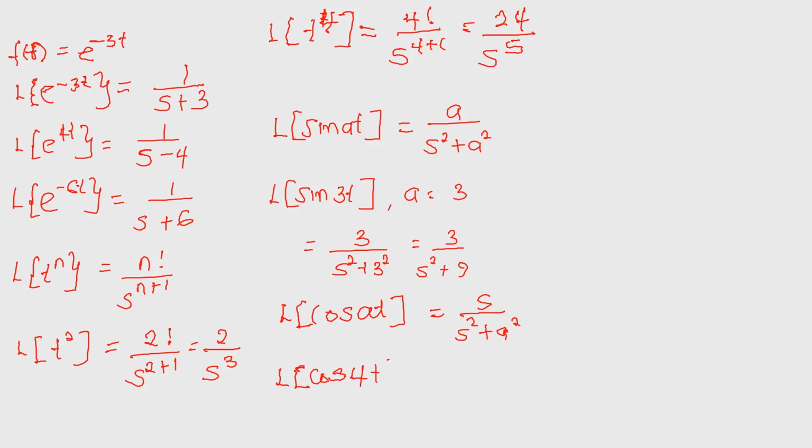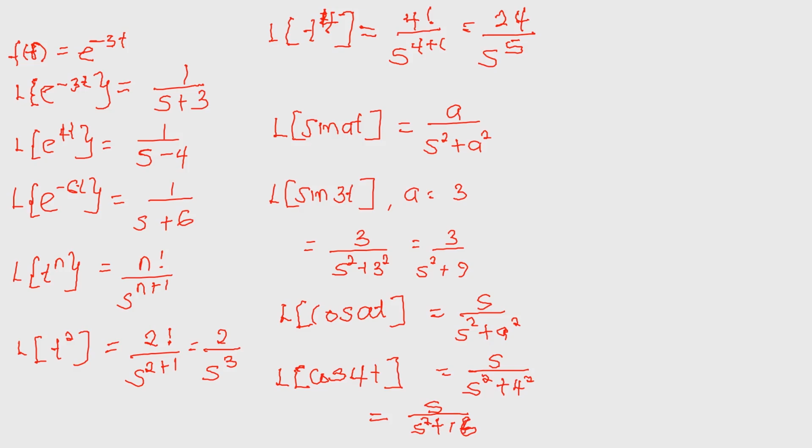The Laplace transform of cos 4t will give you s over s square plus what? Plus 4 square. So which is equal to s over s square plus 16. This is 16, sorry, 16.